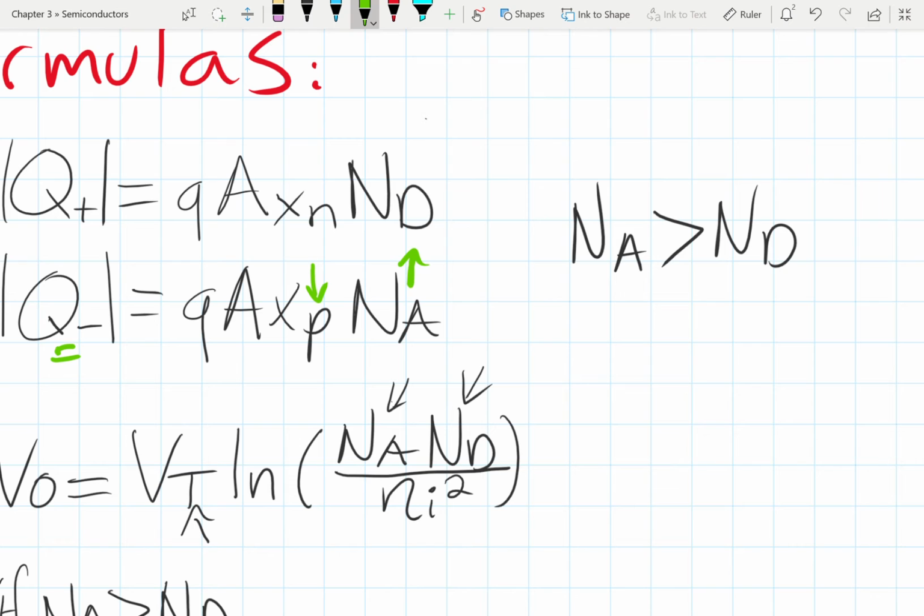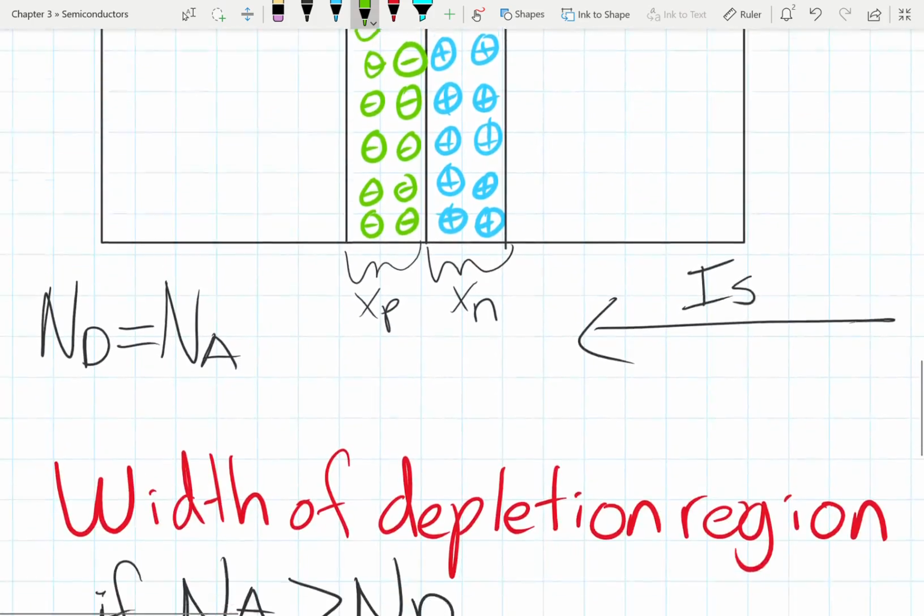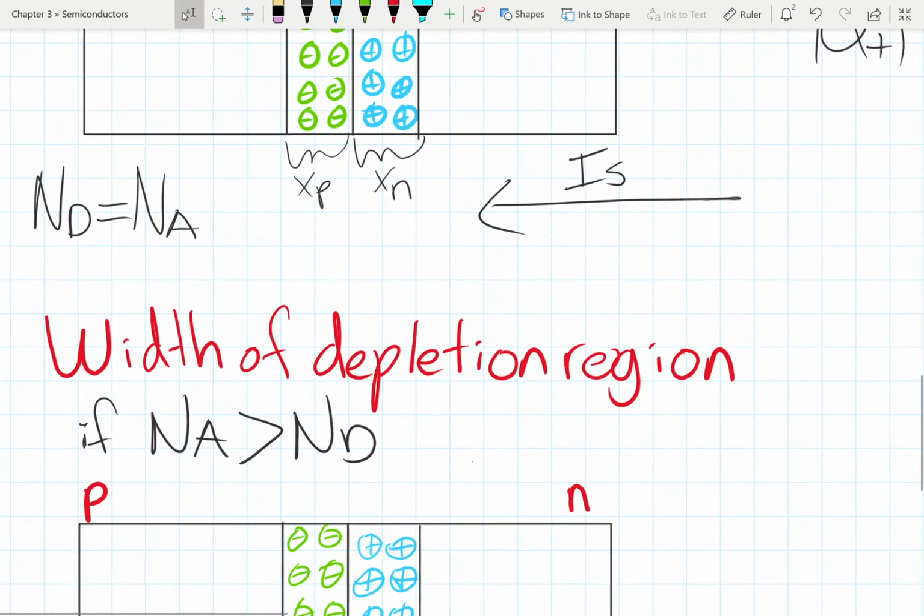And a similar thing is going to happen here. We're going to keep these two charges equal. So if you're decreasing the concentration of donors, you are going to be increasing the width on the n side of the depletion region to keep things at equilibrium, or to keep things equal. So that's what we're going to see here on the width of the depletion region.